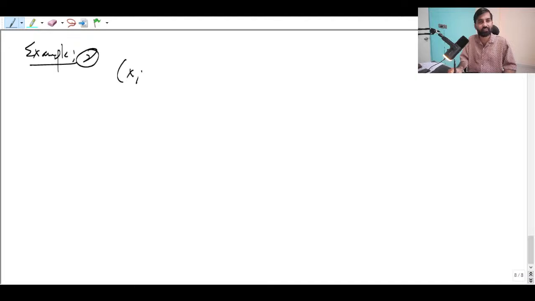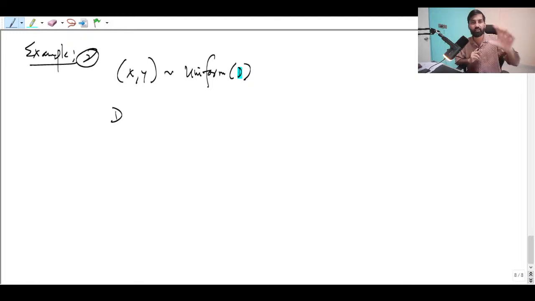Suppose x comma y are two random variables which are uniform in a certain region, say D. It is uniform in D, and D is a particular area, a particular shape, in which the density function of x and y is going to be uniform.